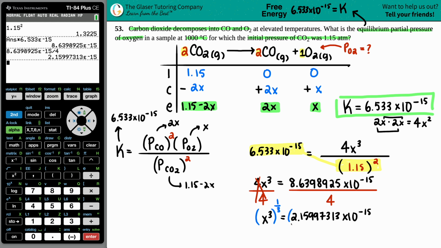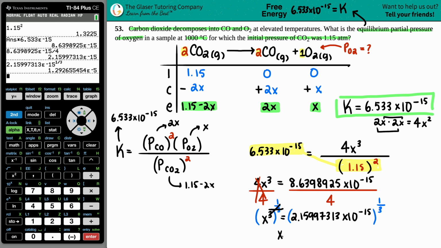Me personally, that's what I like to do because I don't really know where the cube root value is on the calculator. I just always go for that fraction. So this will cancel out, right? And now I'll just have to take this value. So I'll enter that and I'll raise it to the 1 divided by 3. Same thing. I'll pull that out so I could get that big value back there. Do you see how the whole thing is being raised to the 1/3? Or you could find the cube root, but I just like this better.